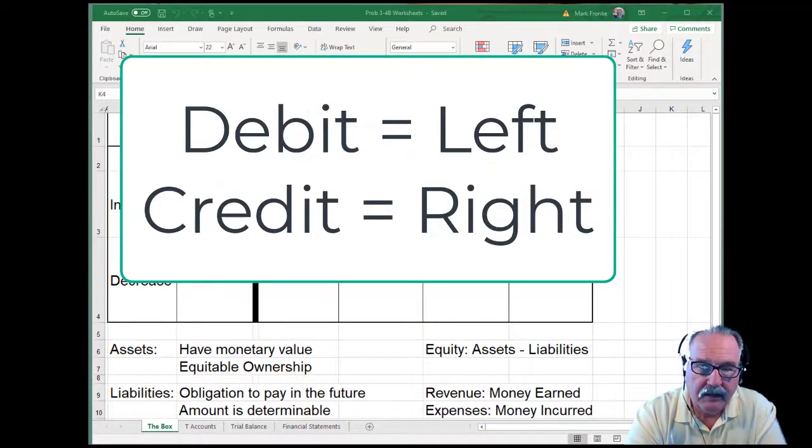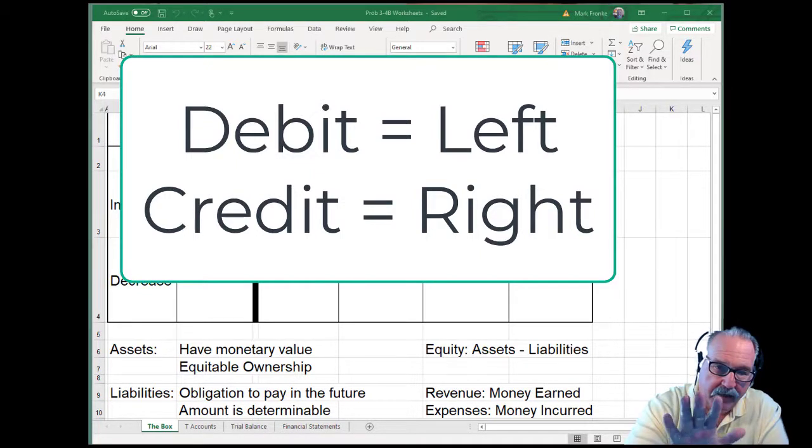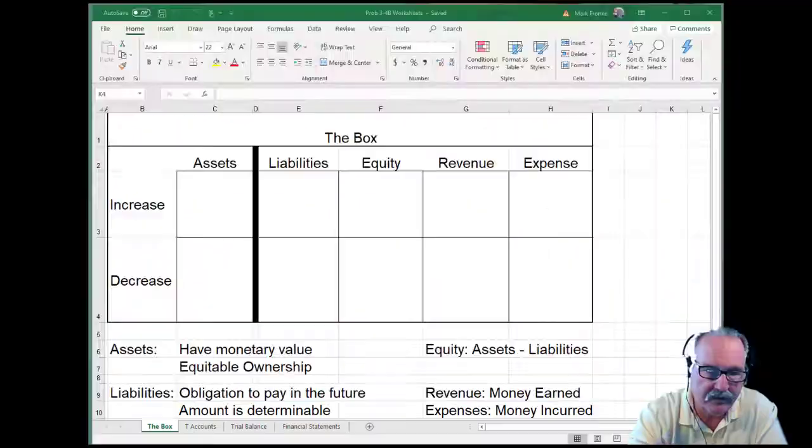Now, if you think about it this way also, you have 5 things in accounting, and on the screen is a little device that I've used over the years. In fact, this box I used when I took the CPA exam, and I would draw it out on a piece of scratch paper when the exam would start. I wouldn't bring it in with me, that would be cheating.